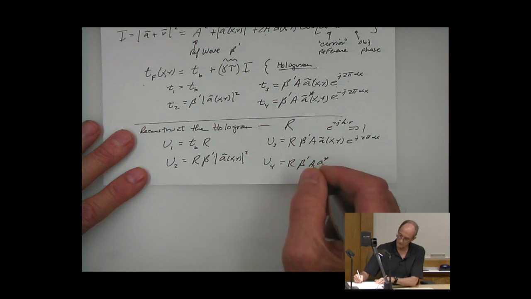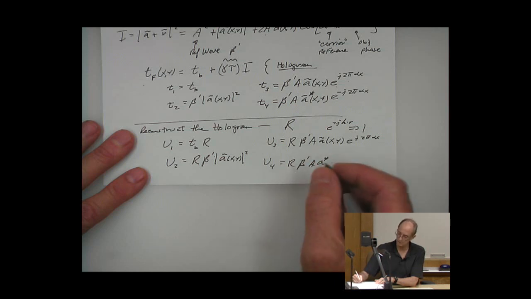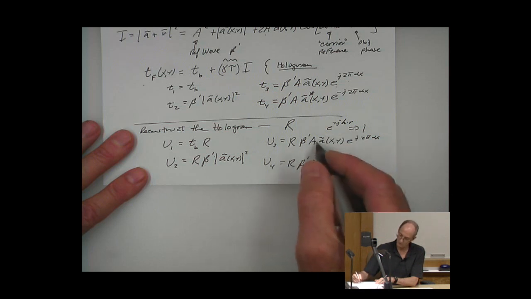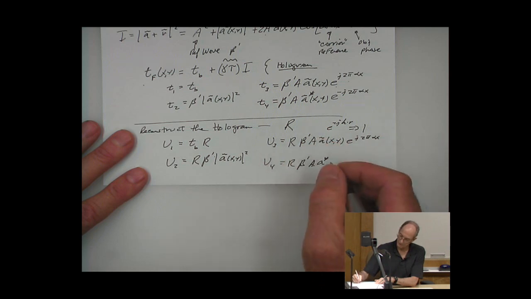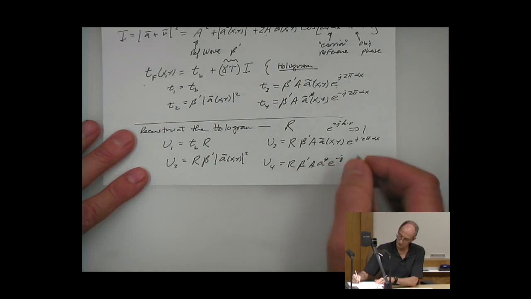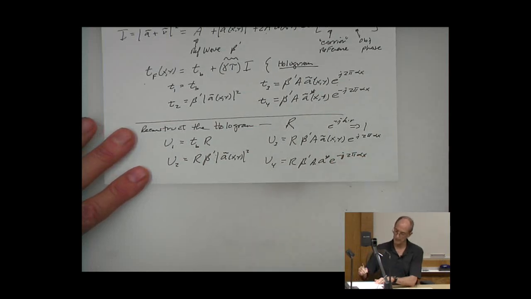This is just a constant, not a complex number, so we don't have to conjugate that. Here we would have conjugated it. And then we have e to the minus j of 2 pi alpha x.